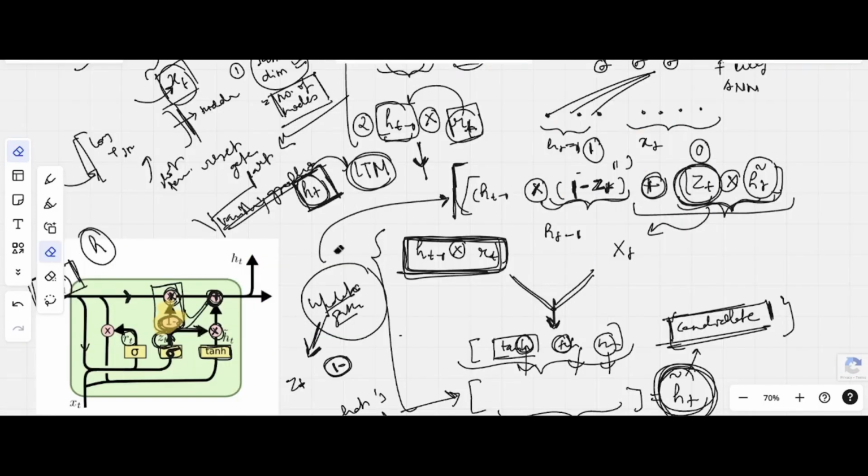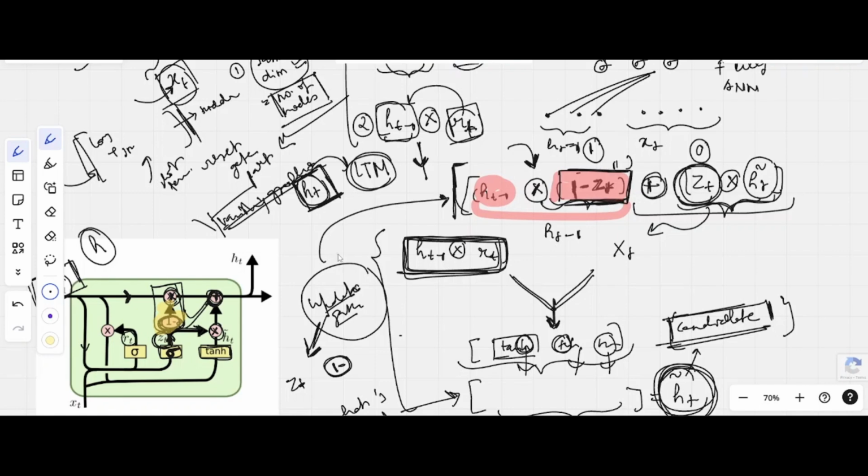The reason is this step that I'm highlighting here, 1 minus ZT, the 1 minus pointwise operator that we are applying on our previous hidden state. This operation prevents the vanishing gradient problem.